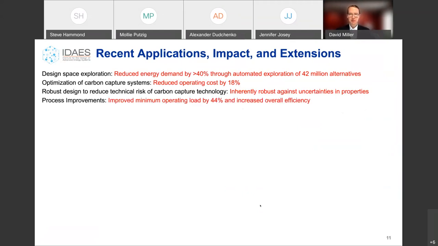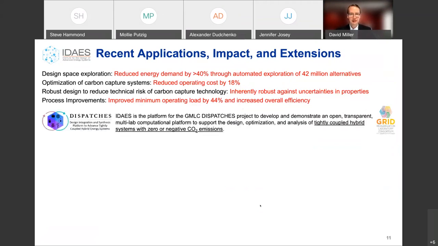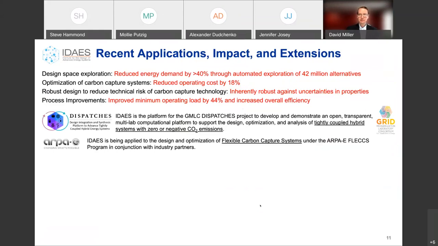In process improvements within power plants, it was able to debottleneck a plant so that it could reduce its minimum operating load by 44% and increase the overall efficiency. IDEAS is being used in multiple other projects, including DISPATCHES, which is a project as part of the Grid Modernization Laboratory Consortium that is looking at the design of tightly coupled hybrid energy systems. It's being used as a part of an ARPA-E project on flexible carbon capture.